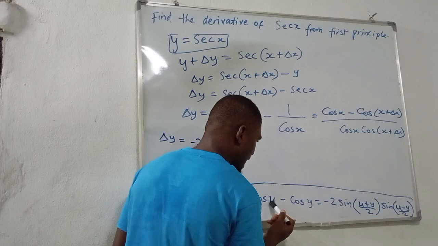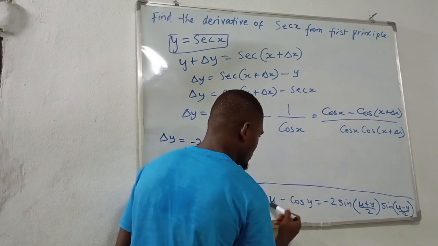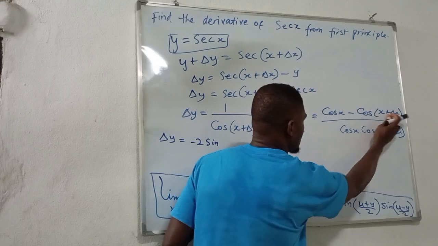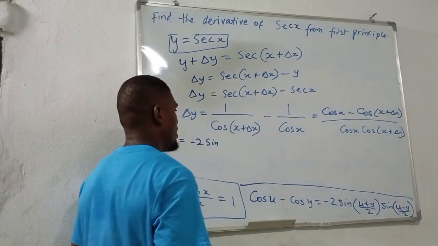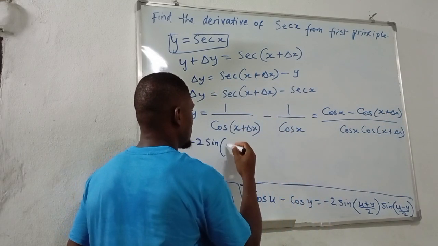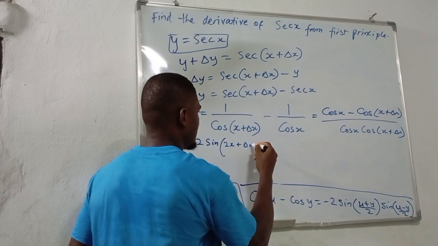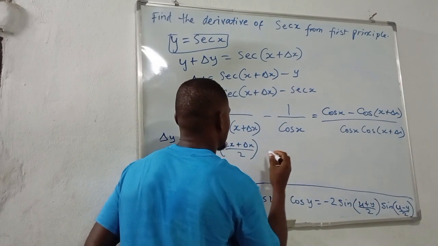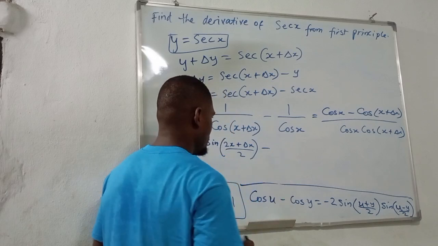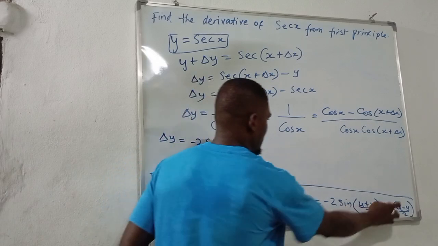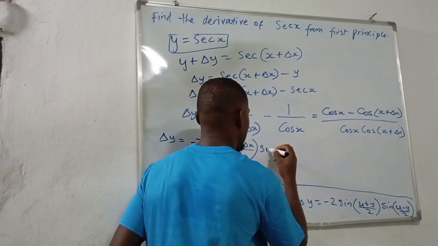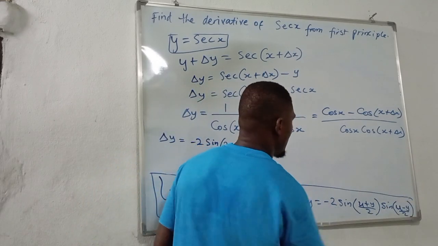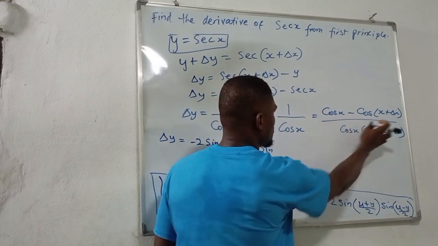The principle says we should add the angles, so we add x to x plus dx, and that gives us 2x plus dx. Then we divide it by 2. There's no minus sign, sorry. After that, we go with sin again, sin of (u minus y), where these are u and these are y.